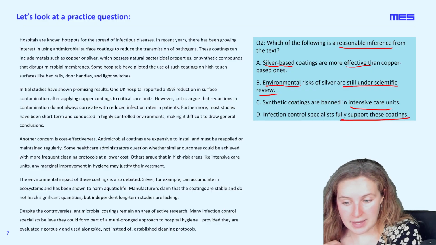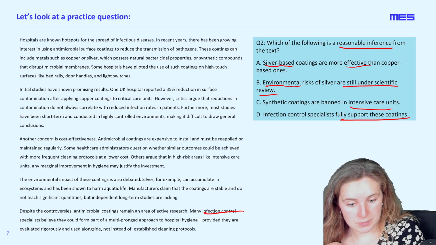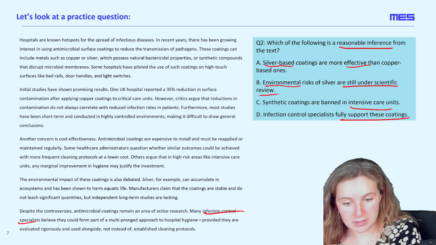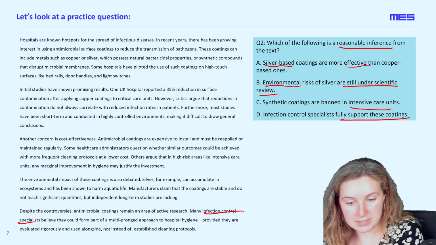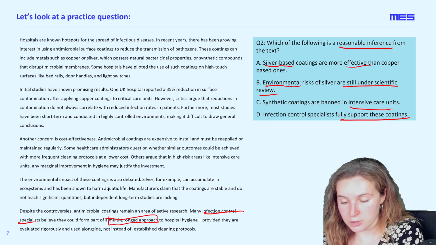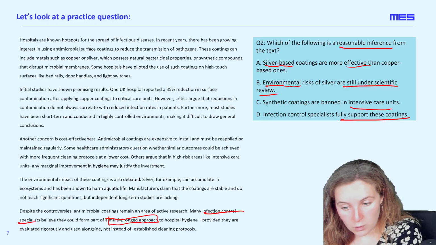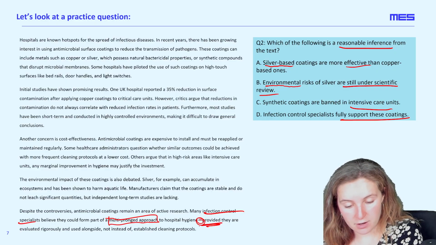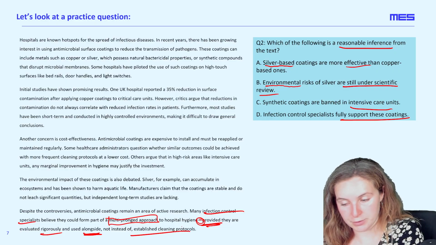Now, based on the scan we did previously, as we answered the question before, we know that the infection control specialists actually think that this is a multi-pronged approach with a qualifier here, right? Provided they are evaluated rigorously and used alongside, not instead of, established cleaning protocols.